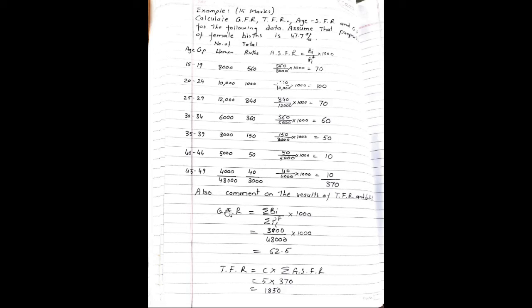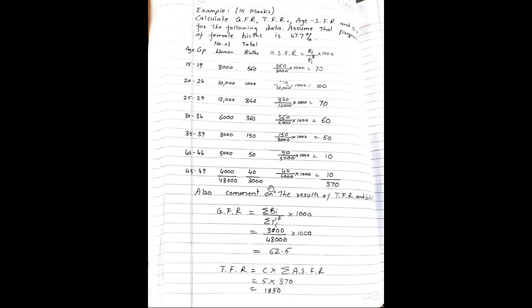Now to calculate the general fertility rate, we need to take the total of the number of female column. So 8000 plus 10,000 plus 12,000 plus 6,000 plus 3,000 plus 5,000 plus 4,000, total becomes 48,000. Total births is 560 plus 1000 plus 840 plus 360 plus 150 plus 50 plus 40.